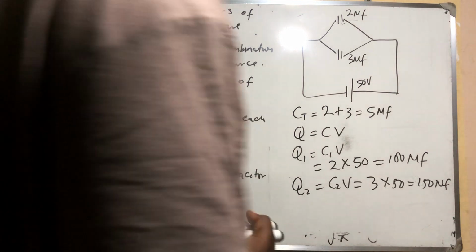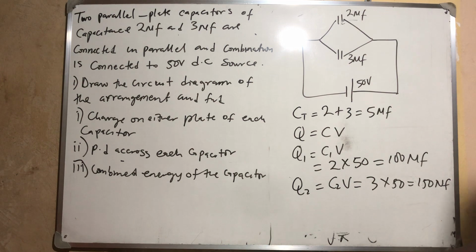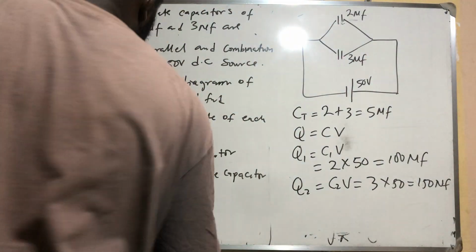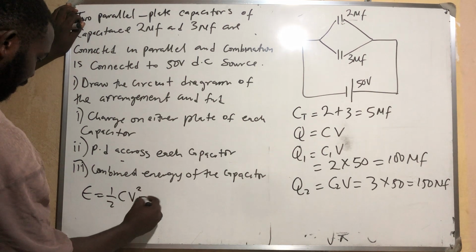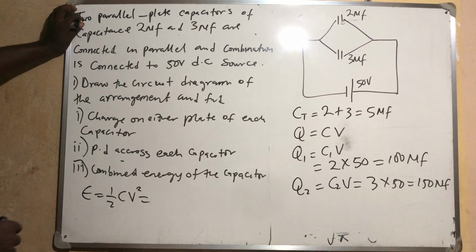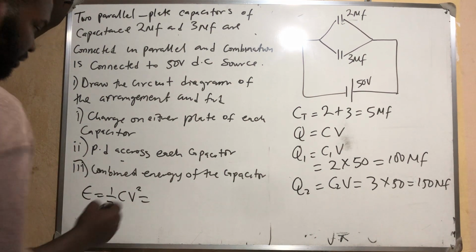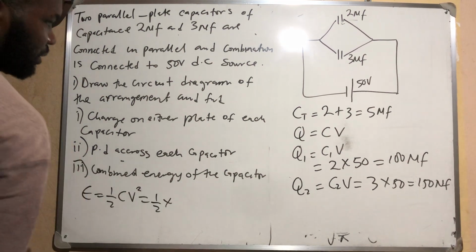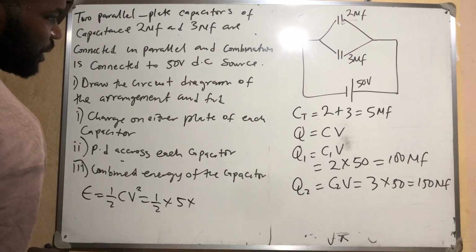So the next thing they say we should calculate is the energy. And what is energy? The energy is equal to one over 2 CV squared, that is the C total V squared. So that is 1 over 2 times my C total, which is 5, times my V squared.